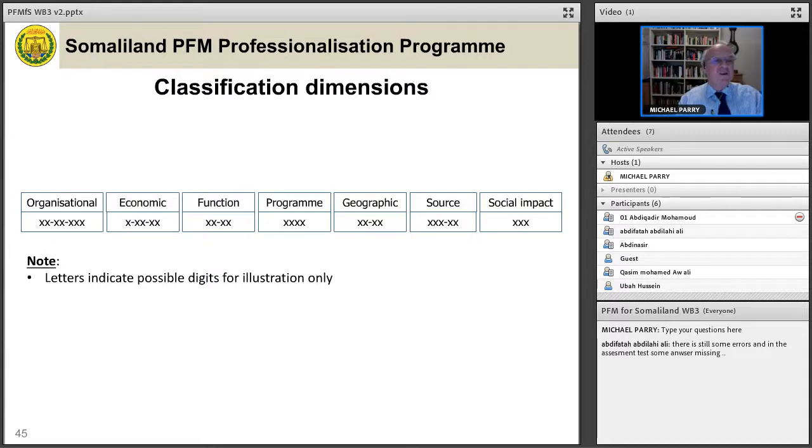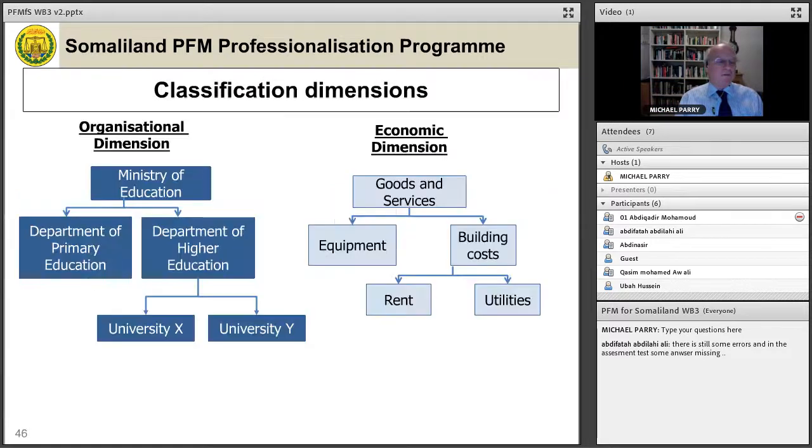And this just gives an idea of these different dimensions as they might be represented in a code structure. The number of X's is just for illustration. It doesn't mean anything. Now, what you can see is you can end up with a very complicated coding structure. And just to look at these dimensions in a hierarchical way, the organizational dimensions will always be organized hierarchically.